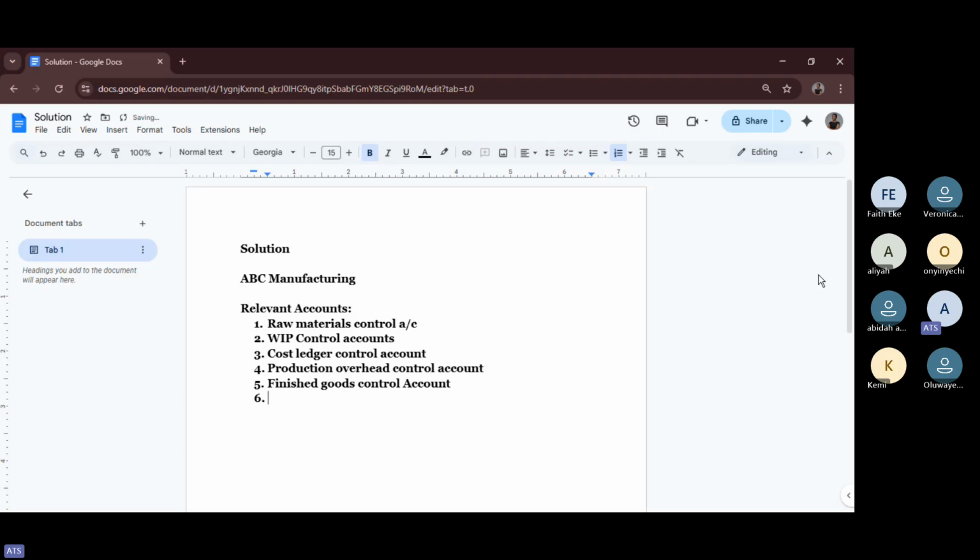Now let's try to prepare this. Let's just open everything now and then make our entries as we go. This is going to be a lot of tables.